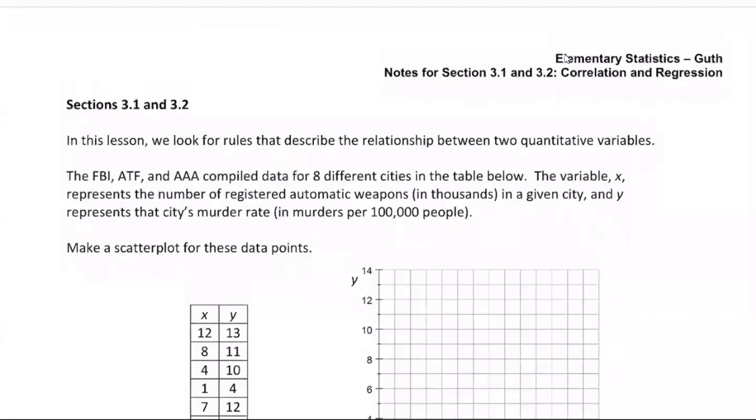Okay, so I guess we'll go ahead and start this combined handout for chapters 3 and 10. They go together. Chapter 3 is a descriptive statistics topic, and that's why it's back in the beginning of the book. Chapter 10 is an inferential statistics topic, which is basically going to be a hypothesis test.